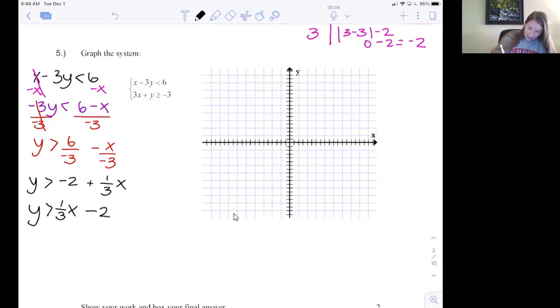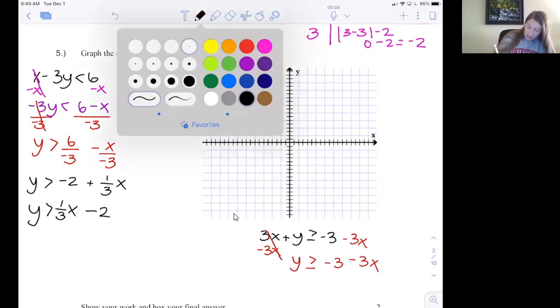Now this other one, I've got 3x plus y is greater than or equal to negative 3. So first, I'm going to subtract 3x from both sides. So I have y is greater than or equal to negative 3 minus 3x, which is what I want.